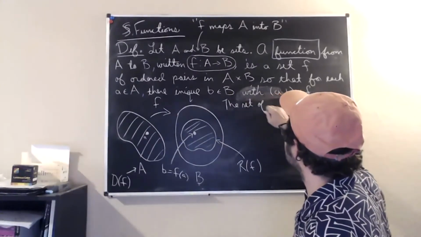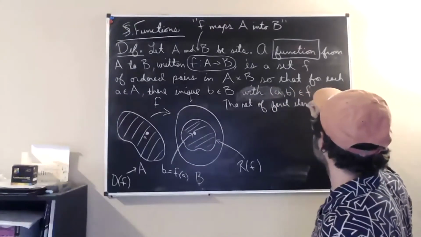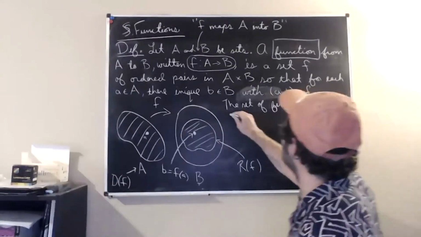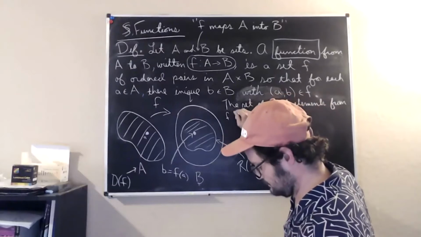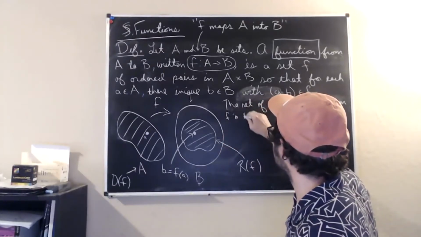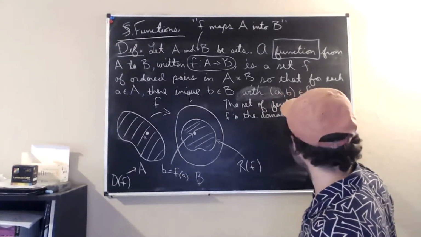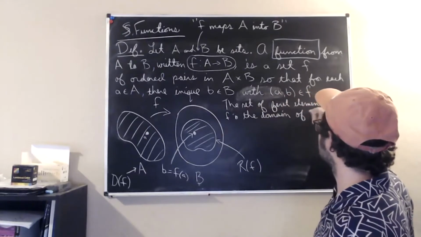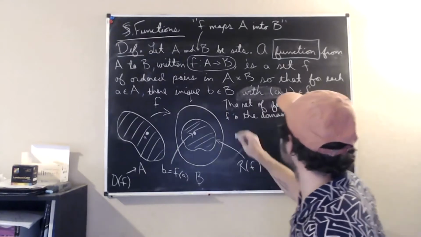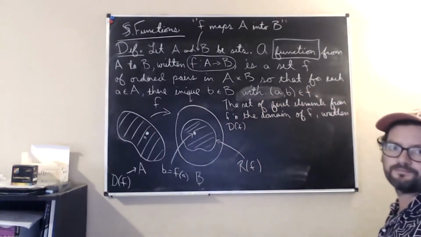The set of first elements from F is the domain of F, written D of f, like that.